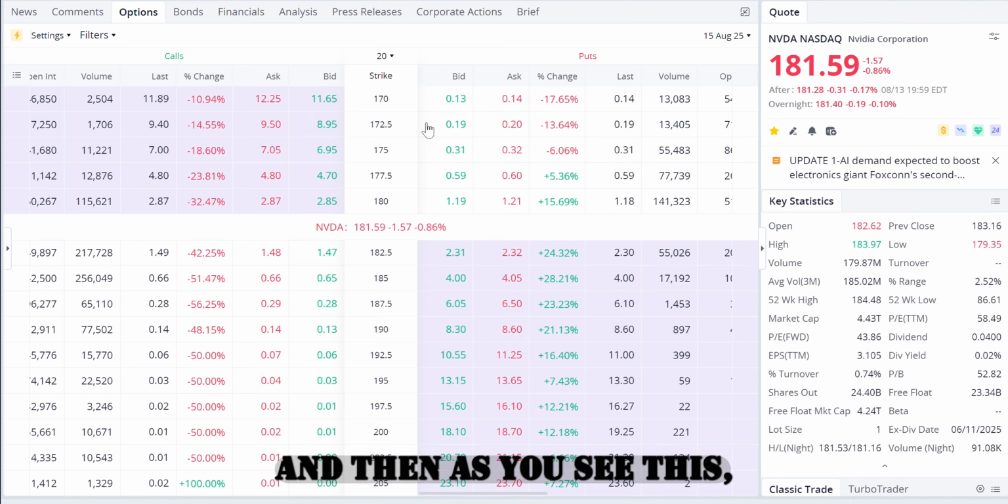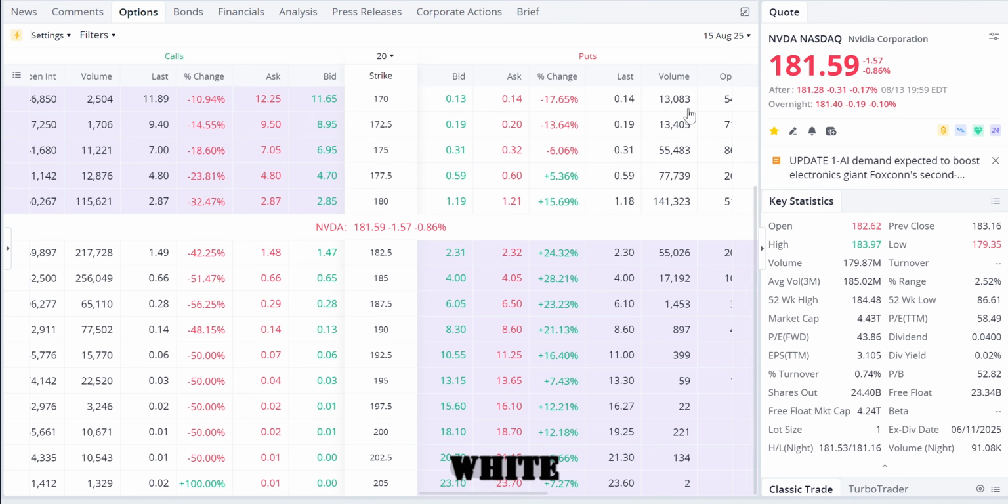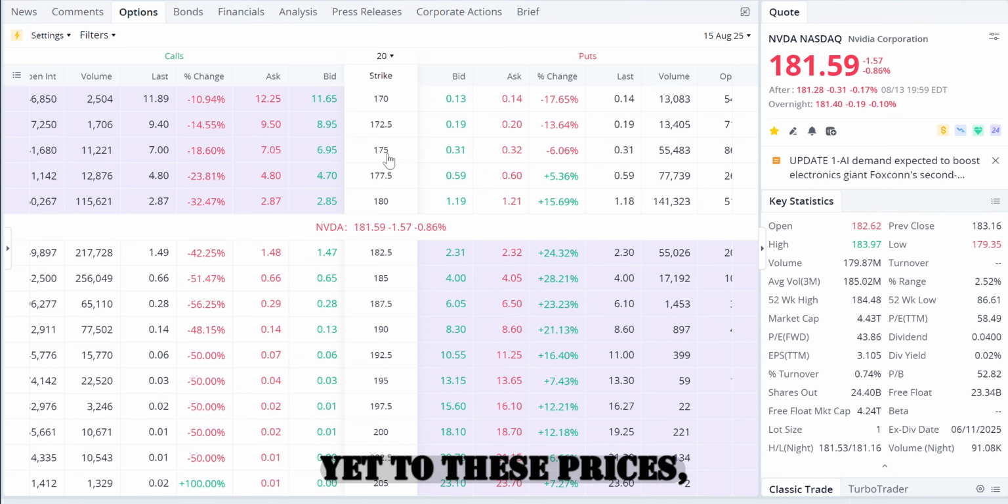And then as you see, this white group represents the strike price going down. So Nvidia hasn't come down yet to these strike prices. So they're asking more feasible prices, okay, for Nvidia to come down: $1.41 to make it to 180.